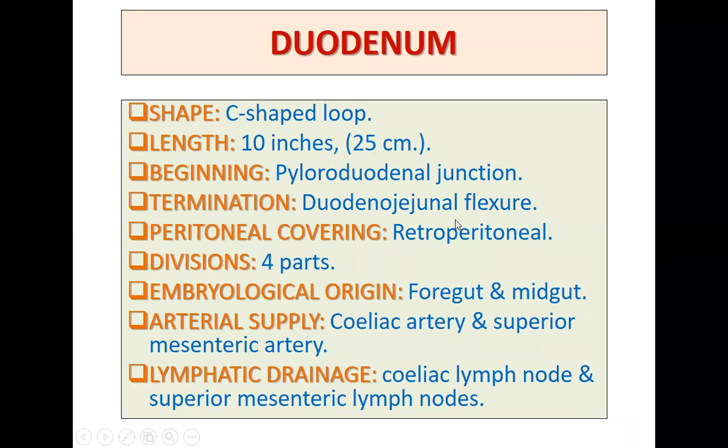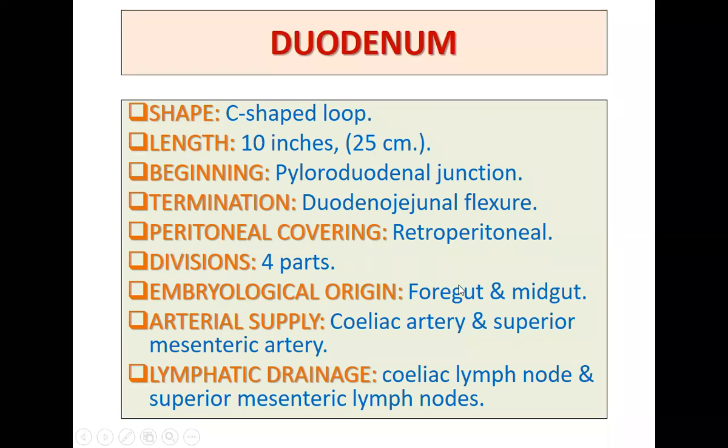So it is fixed, because whenever the structures are retroperitoneal, retro means behind the peritoneum, so they will always be fixed. Even though this duodenum is just 10 inches long, it is divided into 4 parts. Okay, and we'll see what are those 4 parts.